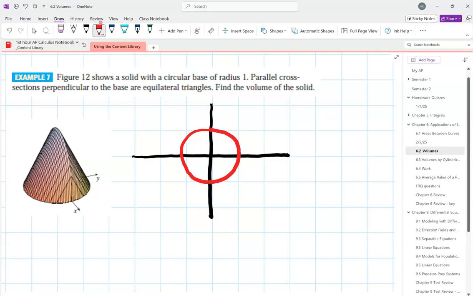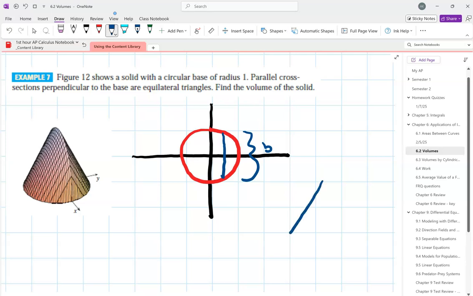So there's my circular base, right? Now, if I take some cross section perpendicular, that's like the base of my equilateral triangle. That's what it's saying.